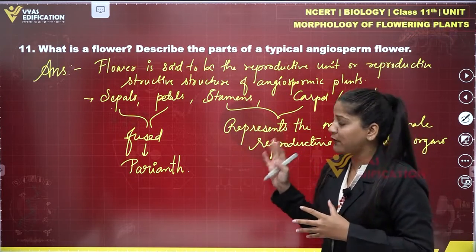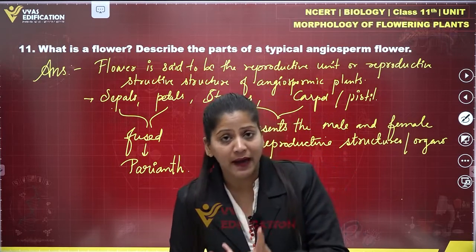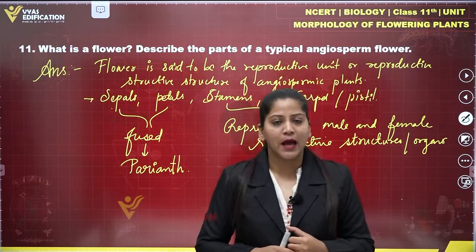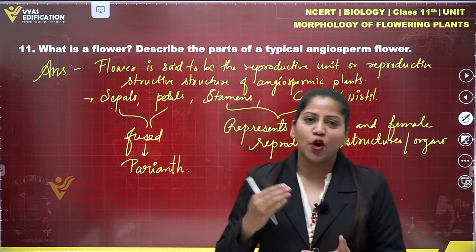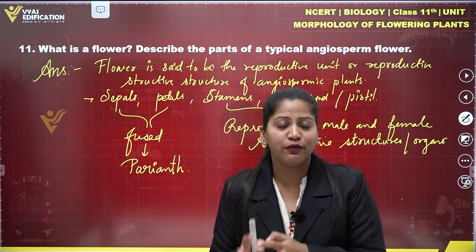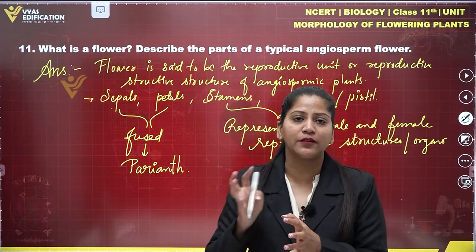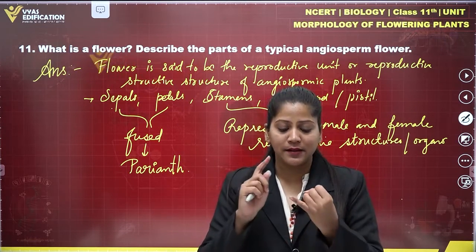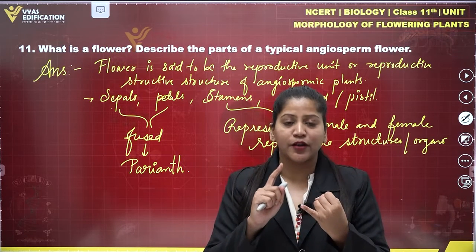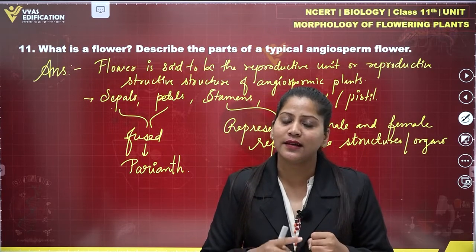If we talk about the flower of angiospermic plant, then the flower can be bisexual and a flower can be unisexual. If we talk about the bisexual flowers, then the flowers contain both types of reproductive structures, that means the reproductive organs such as the male one, the stamen, and the female one, that is carpel.